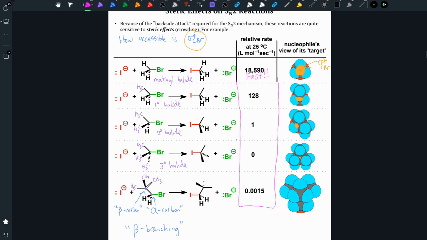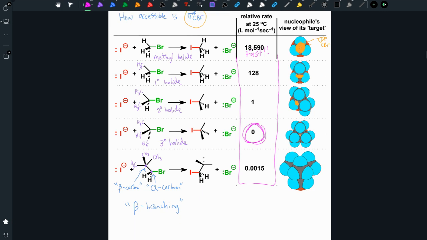It's 18,000 times faster with a methyl carbon than it is with a secondary carbon. Secondary carbon is here our reference where we're saying the rate is 1. At a primary carbon, it's 128 times faster than at a secondary carbon. At a tertiary carbon, the rate is essentially 0.